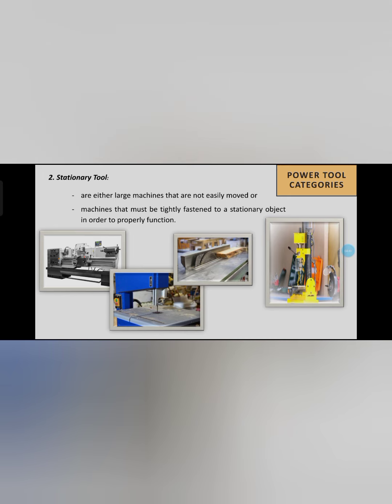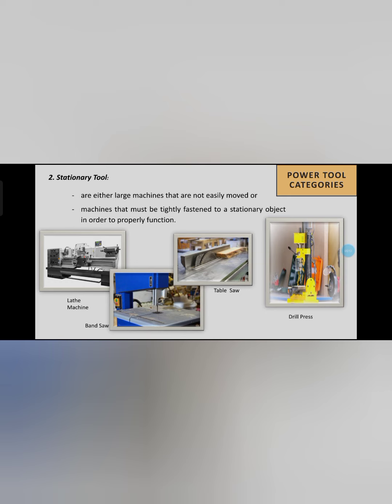These are the types of tools that you set up in your workshop and bring materials to them. So, hindi mo siya pwedeng dalhin-dalhin kahit saan. Okay, so ito, examples of stationary tools, ang lathe machine. We have a band saw, table saw, and a drill press. So, sino bang taong magdadala-dala ng drill press na mabigat, diba?